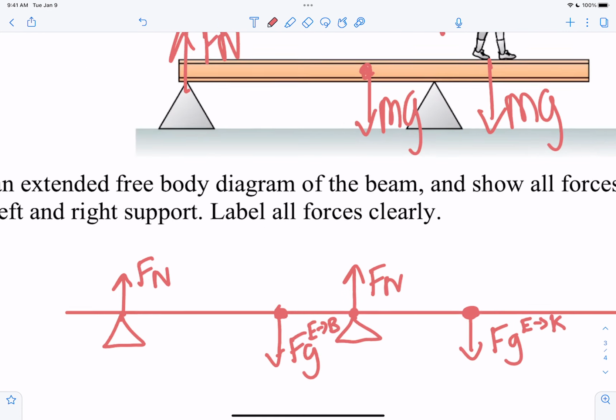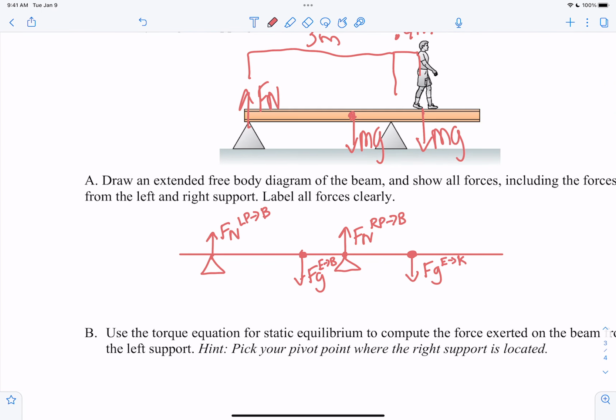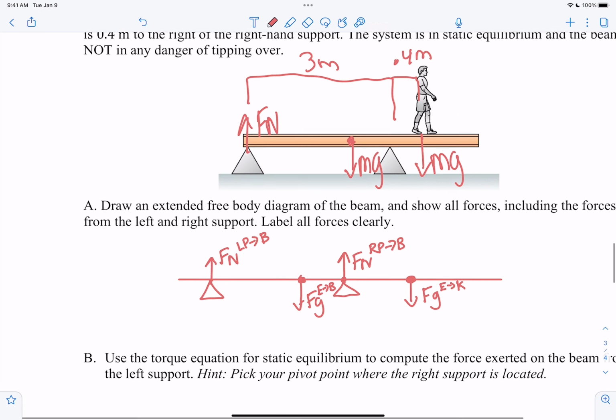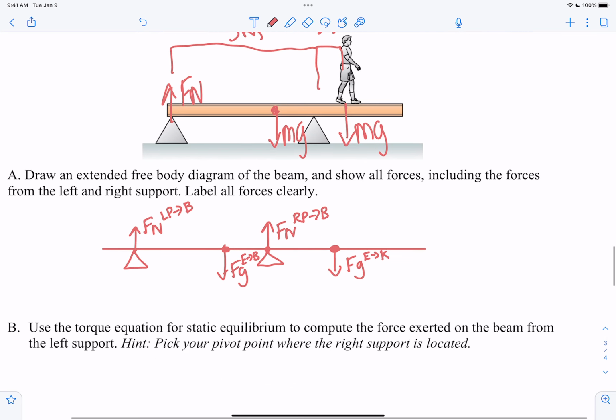And then you can say left pivot on beam and right pivot on beam. Right? There. Oh, shoot. Yep, you're right. I forgot that aspect too. Thanks for catching that.